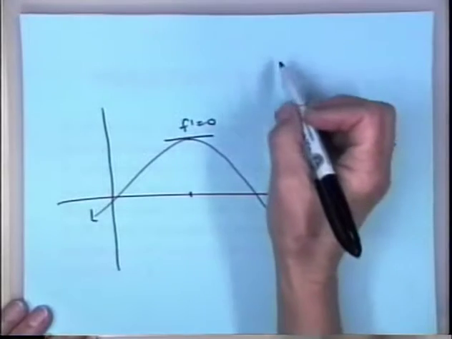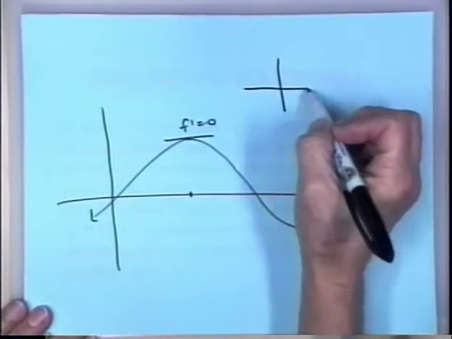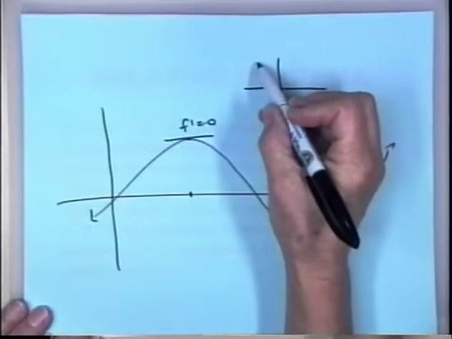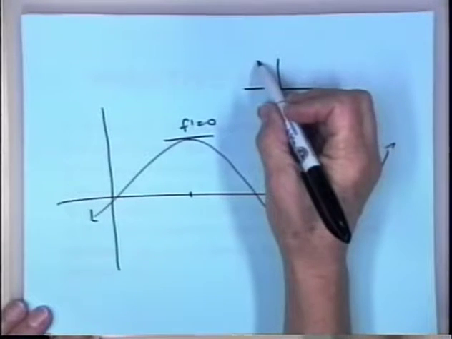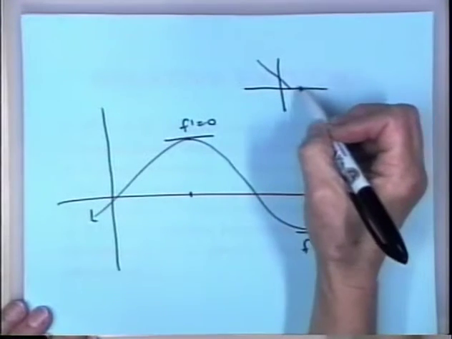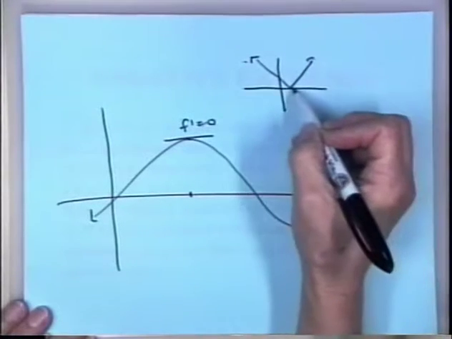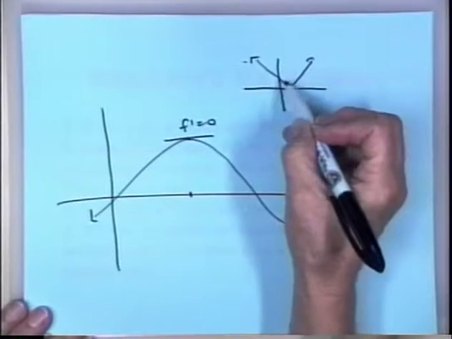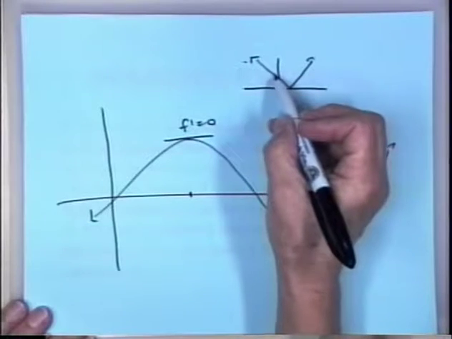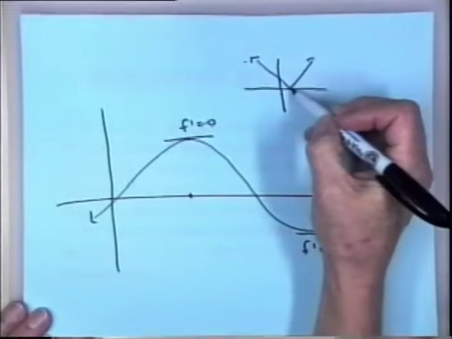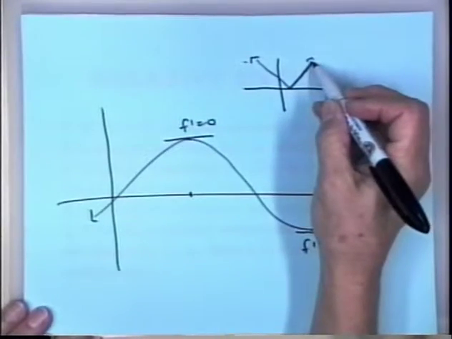Now, there is another type of situation that can occur. You can have a graph that comes down, and I'm going to draw in something that looks sort of like that absolute value function graph, if you remember that thing. Notice this little sharp corner. Notice my curve is decreasing till I get to here, and it's increasing after that point.